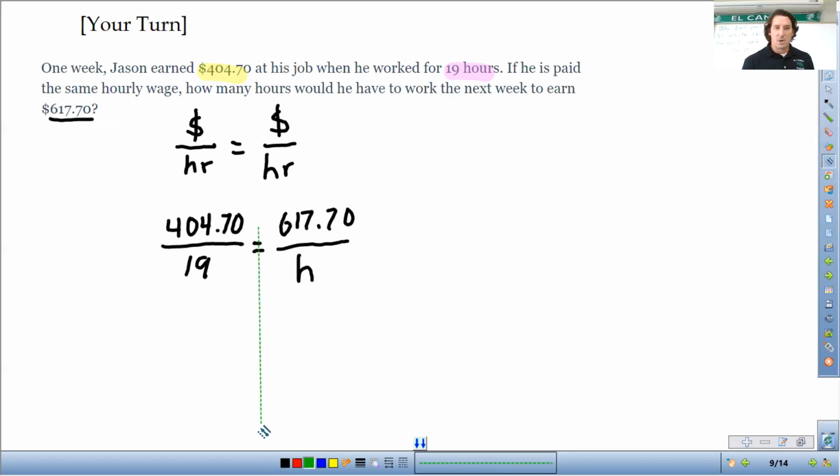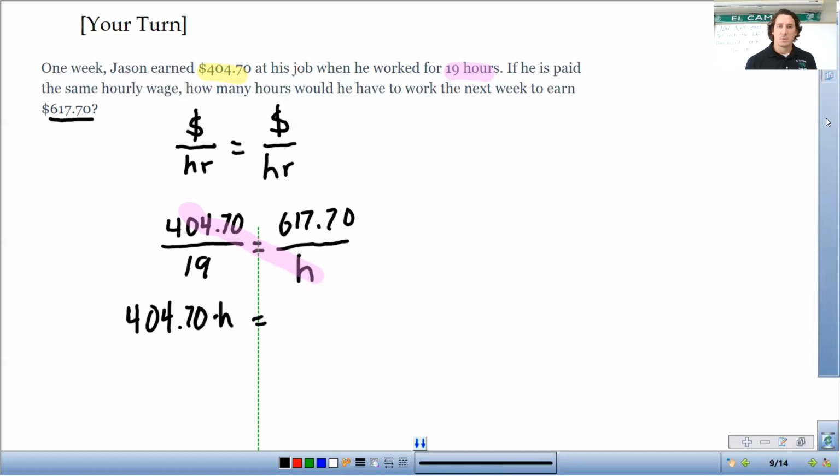So I'm going to add my line of separation. And then just like all the other problems, start off by cross multiplying. So 404.70 times H is equal to 19 times 617.70.